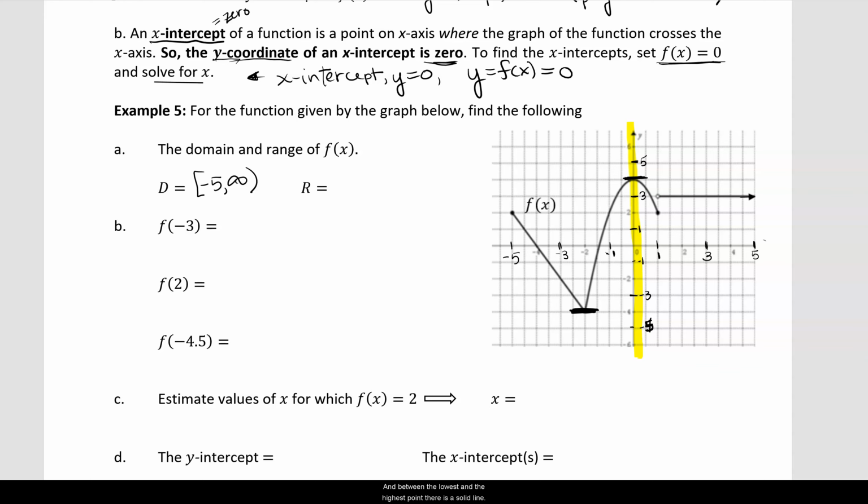And between the lowest and the highest point, there is a solid line all along, which means the range does not break, because this line right here continues graphing along these y values, even though there was a jump from this closed dot to that open dot. So the lowest point on our range is -4 for our y value, and the highest point on our range is +4.